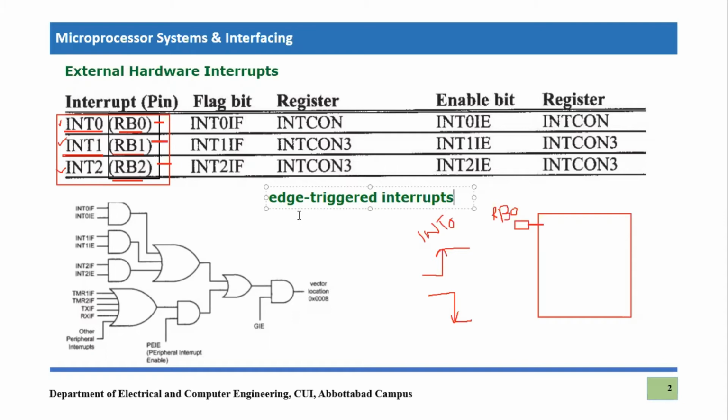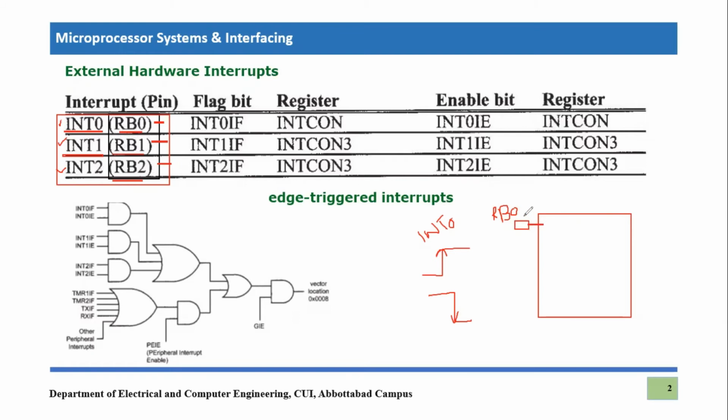By default these interrupts are in positive edge mode. We can also trigger them as negative edge interrupts, but we will see that in another lecture. Considering their default characteristics, interrupt 0, interrupt 1 and interrupt 2 are all external hardware interrupts.